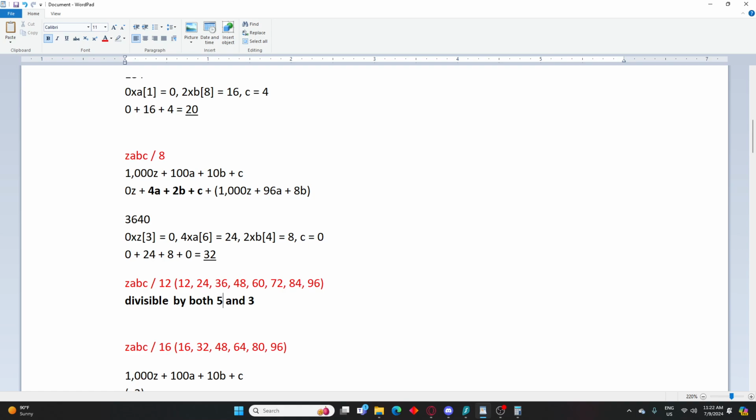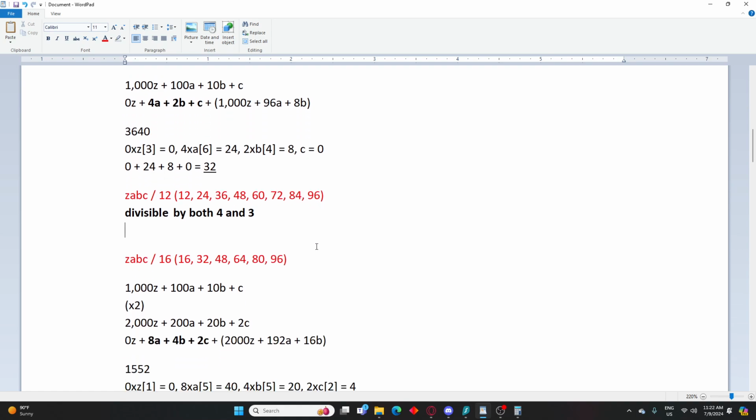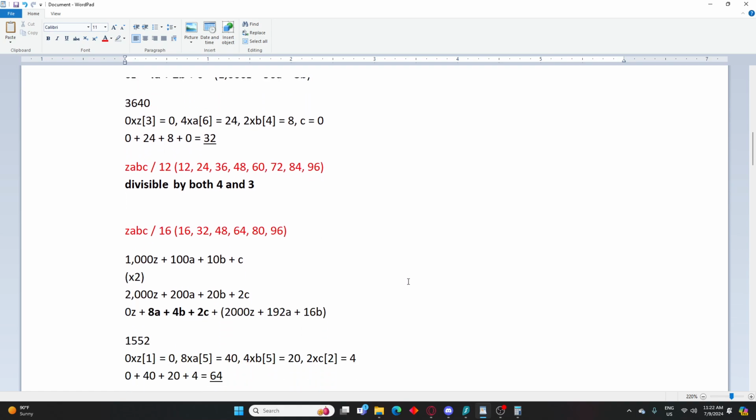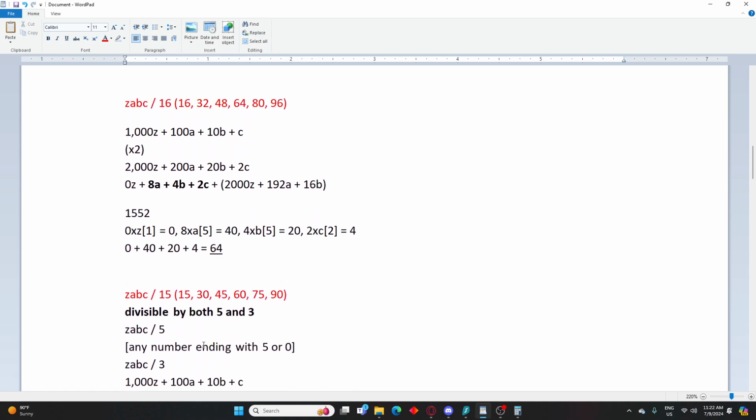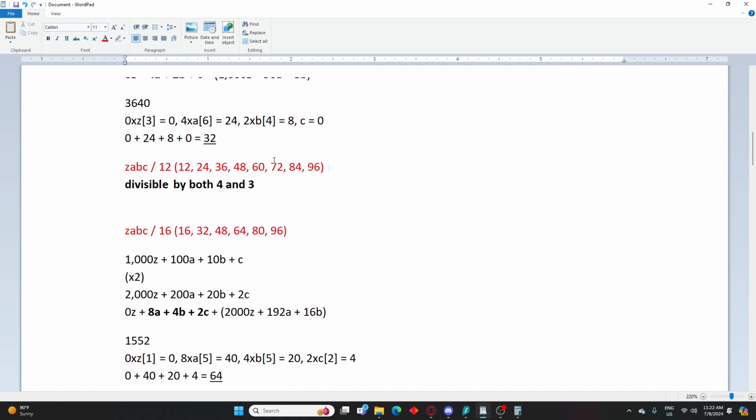And it's divisible by both 4 and 3. Yeah, that's way simpler. I don't know why I didn't think of that first. Sometimes, you know what though? Sometimes you just don't think of things.